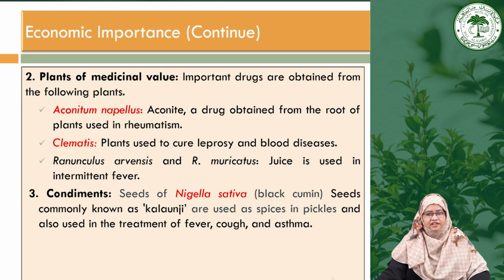Furthermore, the seeds of Nigella sativa or black cumin not only serve culinary purposes but are also valued in treating ailments like fever, cough and asthma. As we explore further, we will discuss homeopathy's reliance on numerous plant species, reaffirming their ongoing significance in both natural medicine and contemporary treatments.